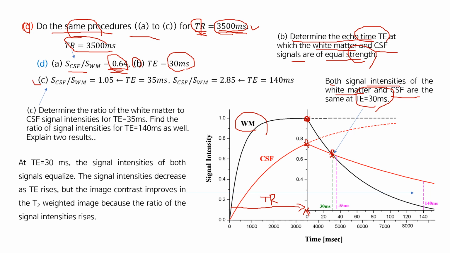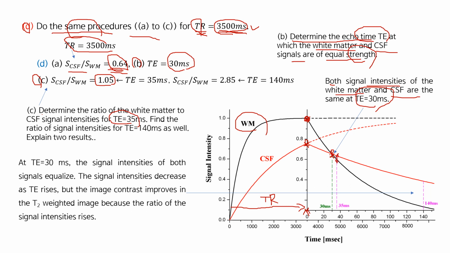And question C, determine the ratio of the white matter to CSF signal intensities at 35 milliseconds. You can get the signal intensity ratio of 1.05 at this time.